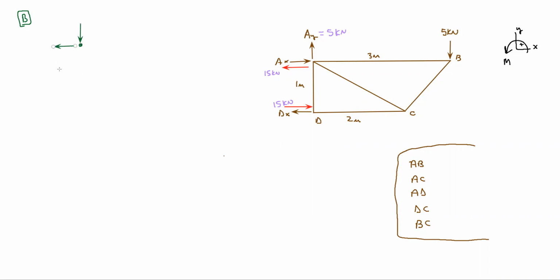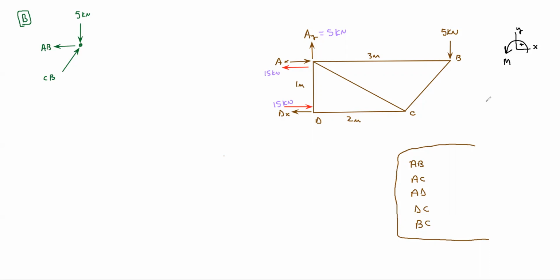Now the 5 kilonewton external force is down. That means CB has to have a Y force that goes up, since it's the only other Y force. So that's why I've chosen that orientation. This is CB, and this is AB.